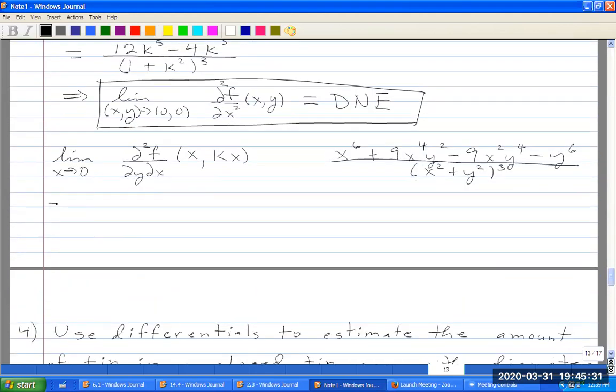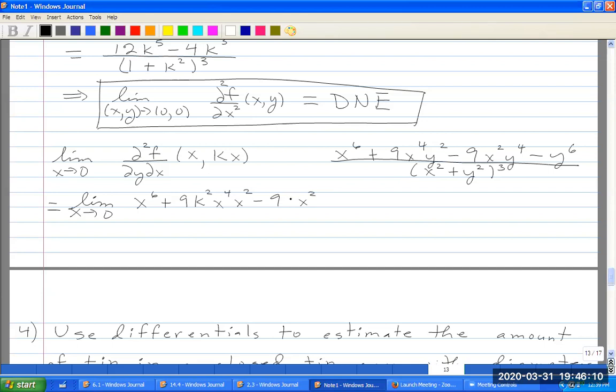So this is the limit as x goes to 0 of x to the 6 plus 9 k squared x to the 4th times x squared minus 9 x squared.